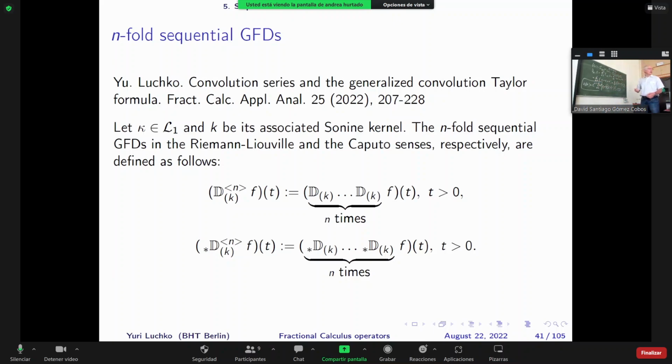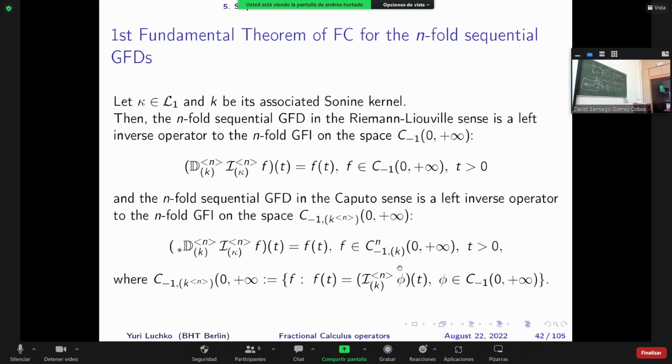Of course, the whole theory can be developed for the case of the kernels from Ln, so for the case of the derivatives of arbitrary order. And now we deal with these operators just in the standard way.